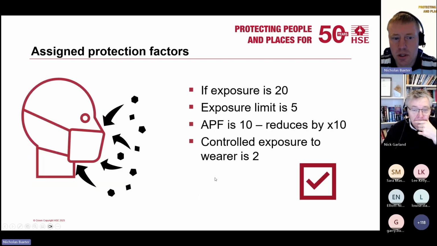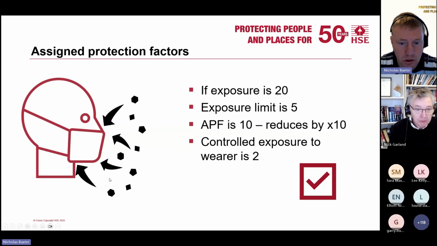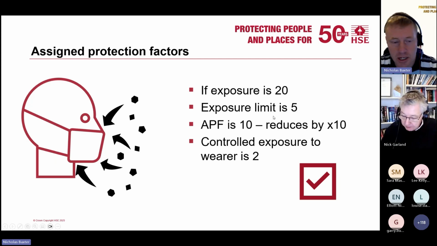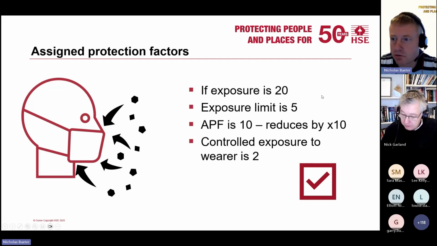In simple terms, I'll try to demonstrate what APF means. If you've got a person here who's wearing a mask, they're exposed to these particles and dust. If the exposure level outside is 20, and their particular exposure limit for this hazard is 5, and for the RPE they're wearing the APF is 10, that means it reduces their exposure by a factor of 10.